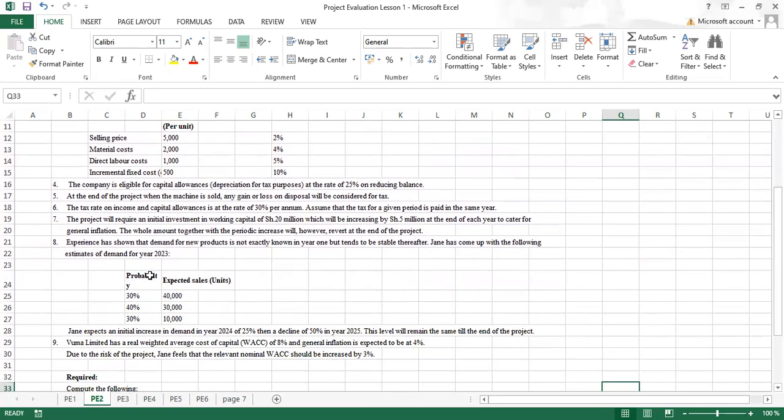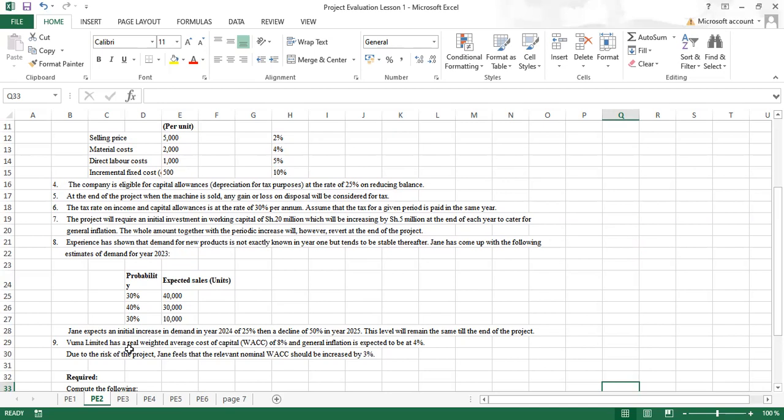So there we've been given probability and expected sales units, 30%, 40, that's just probability. Jen expects an initial increase in demand in the year 2024 of 25%, then a decline of 50% in the year 2025. The level will remain the same till the end of the project.